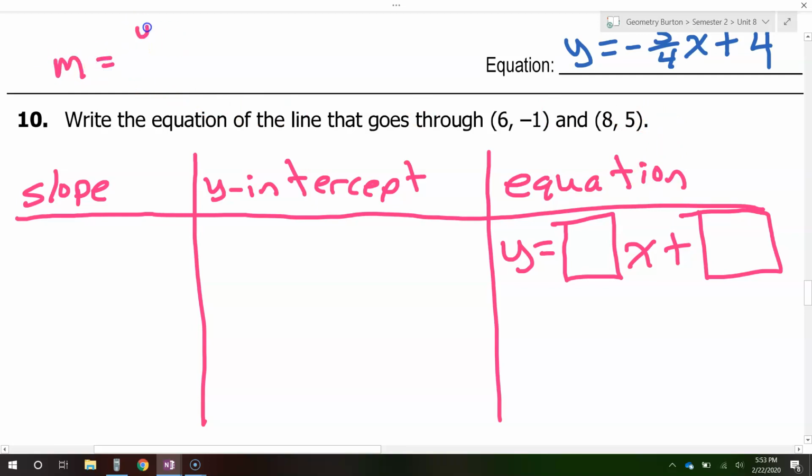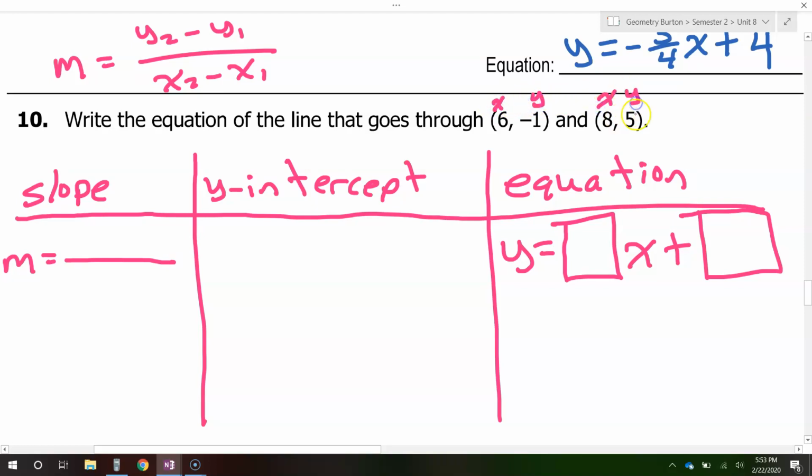The equation for slope, so I'm going to squeeze in right here. Slope is y2 minus y1 over x2 minus x1. So we've got these 2 points, so that's what I am about to do. So of course this is x and y and x and y.